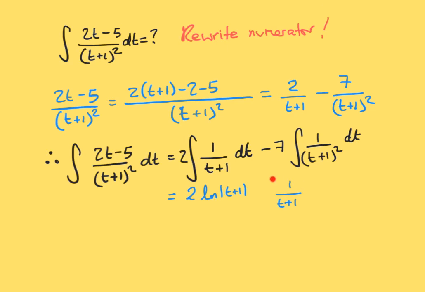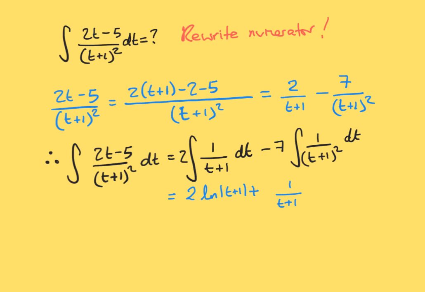If I differentiate it, I multiply by the power, so I'd multiply by minus 1, and I want a minus sign, so that tells me that it should be a plus sign here, so that overall I will obtain minus when I differentiate this. And I would then have t plus 1 to the minus 2, because we subtract 1 from the power, so we go from minus 1 to minus 2, and that's exactly what we want here.